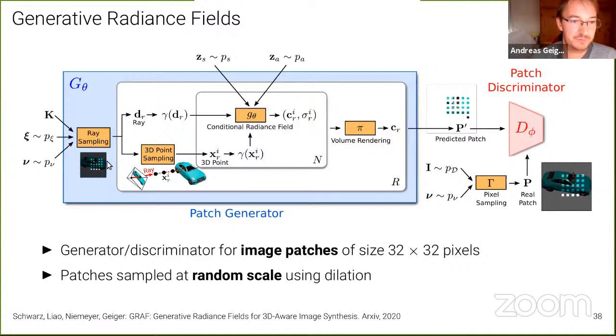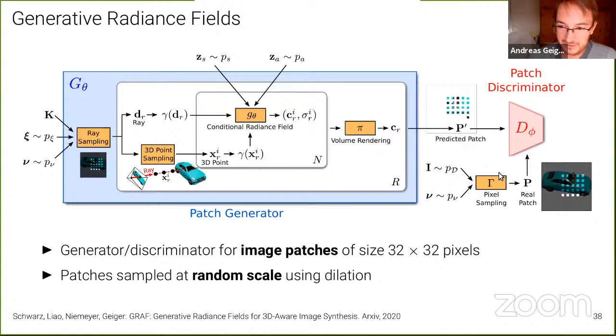So we get a bunch of rays, and for these rays, we then apply this conditional radiance field, this implicit function G that predicts color and density. And then we apply volume rendering to get this predicted patch, but only at the query locations that we have sampled here, right? So in this case, it's just 5 by 5.